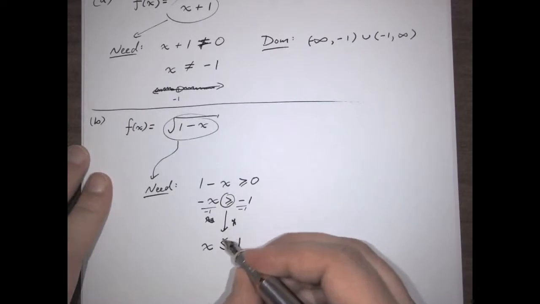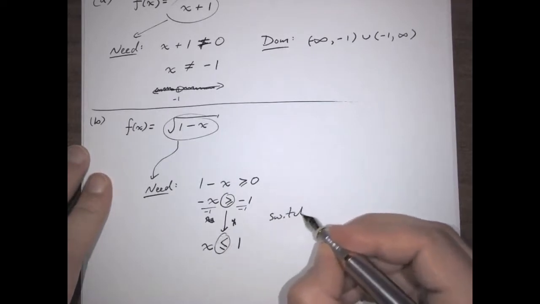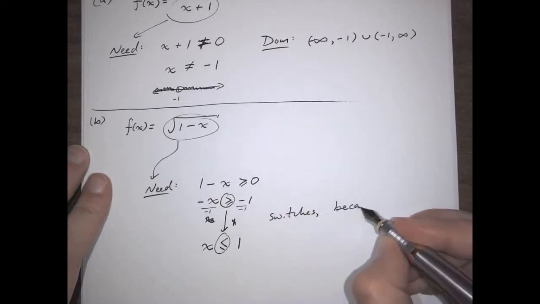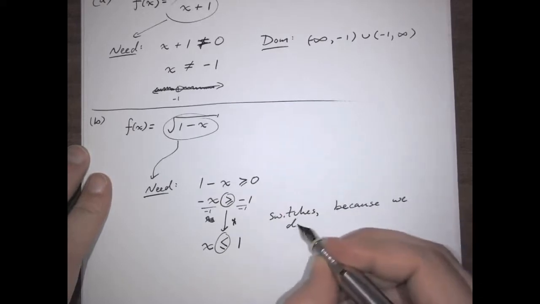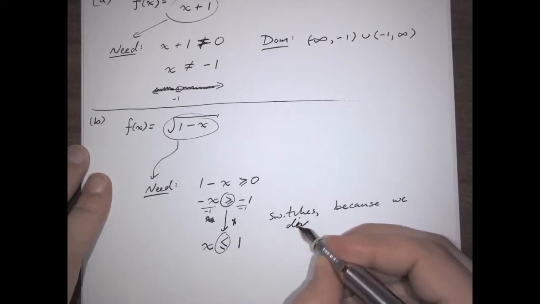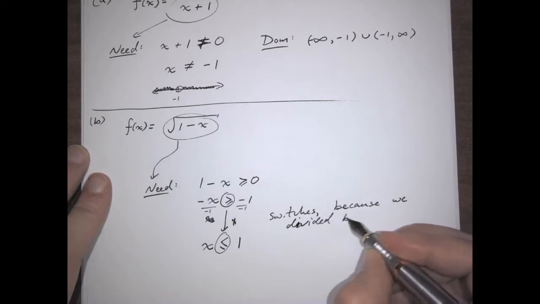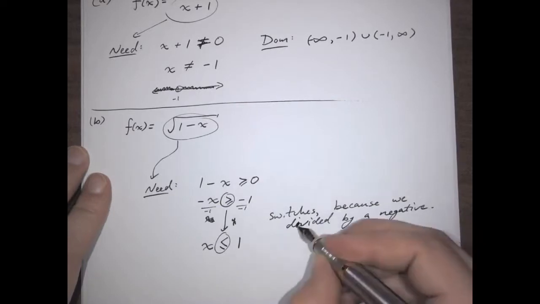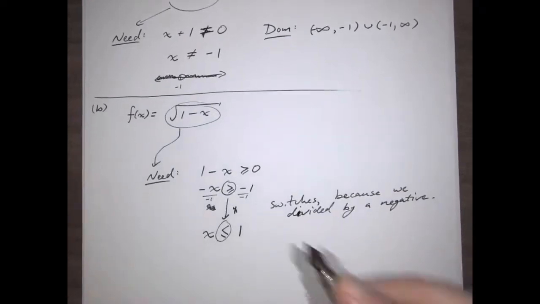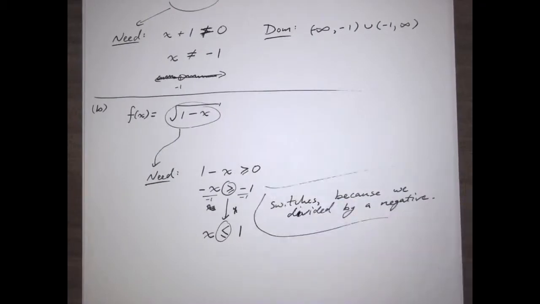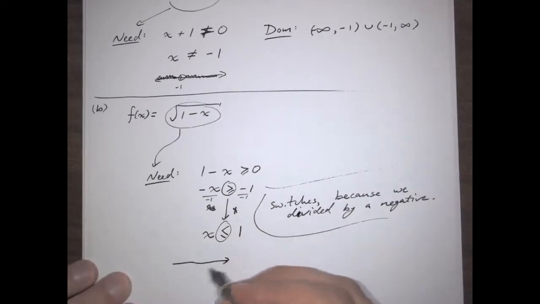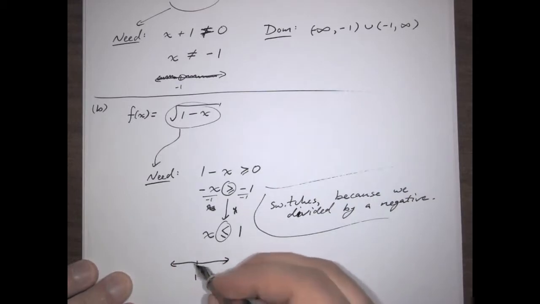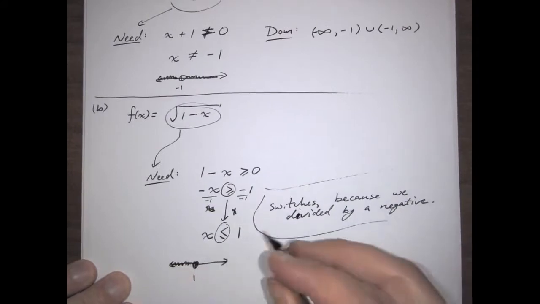So this switches because we divided by a negative, and so what we're talking about is x is less than or equal to 1, which means it's going to be everything to the left of 1.